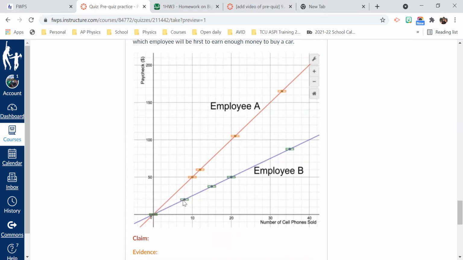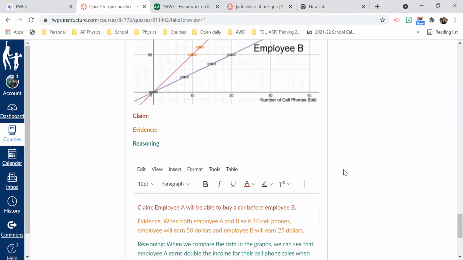It doesn't have to be that we're comparing this point to this point. That wouldn't work. So let's say we compare at 10 cell phones what the paycheck is going to be. For employee B, the bluish purple line here, with 10 cell phones sold, they earn about $25. Whereas the red line here, when they sell 10 cell phones, they're going to earn $50.